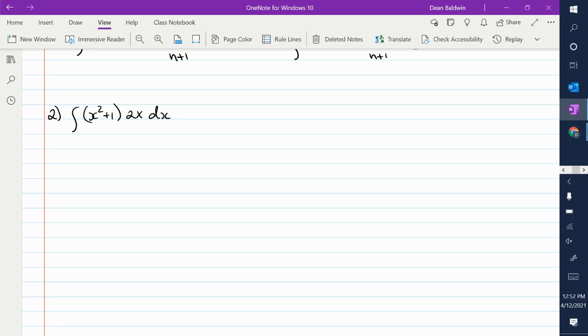Okay, you can do that. Because this only has a power of 1, right? If it has a power of 1, I would just dump it in like that. It turns into the integral of 2x cubed plus 2x. And now what's the antiderivative of that?